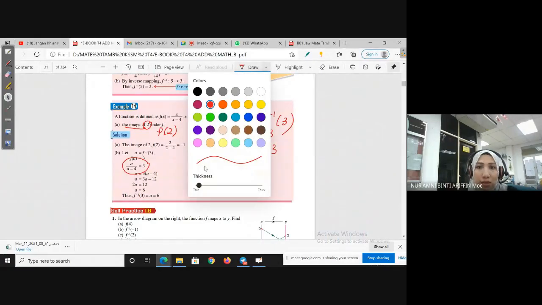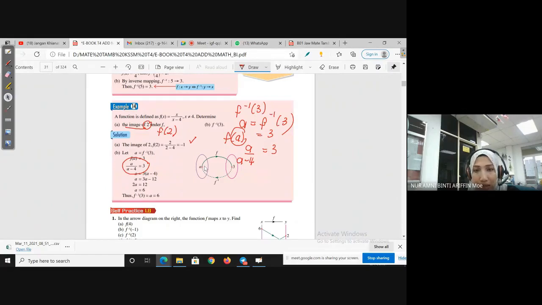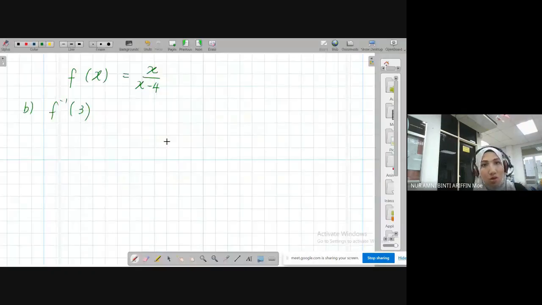Boleh. Depend pada kamu lah nak gunakan. Tapi yang ini dia just let A. Dia lukis diagram ni untuk bagi nampak lagi jelas. Okay, tapi calculationnya adalah kalau you tak nak lukis diagram pun, just buat macam ni lah je lah.